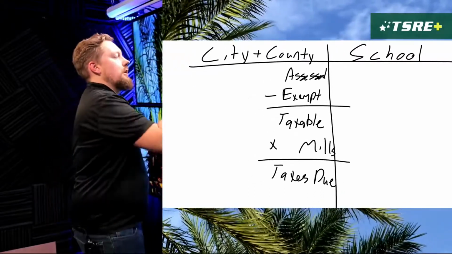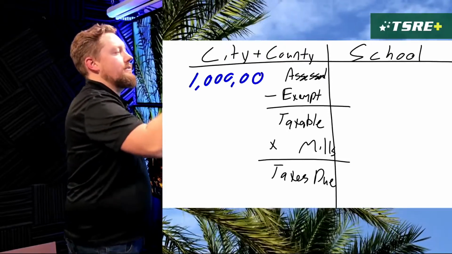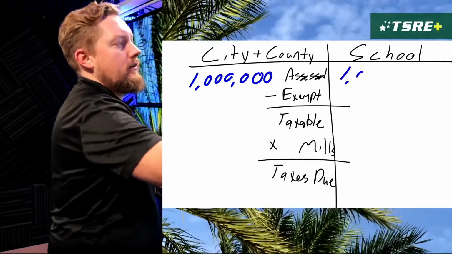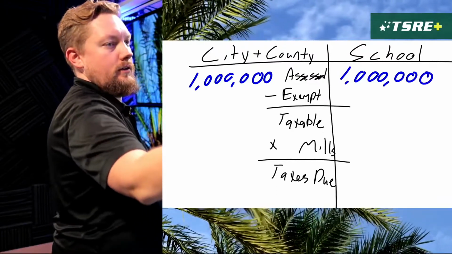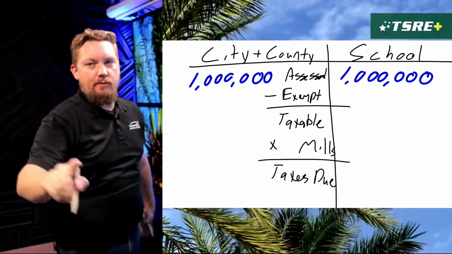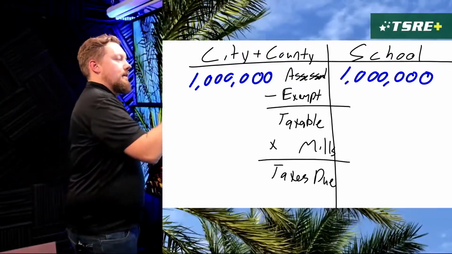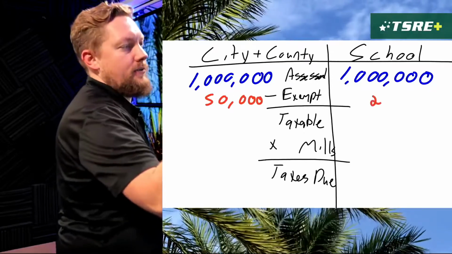According to our question, our assessed value was $1 million. The exemption amount, we need to remember that, still only $50,000 and $25,000.